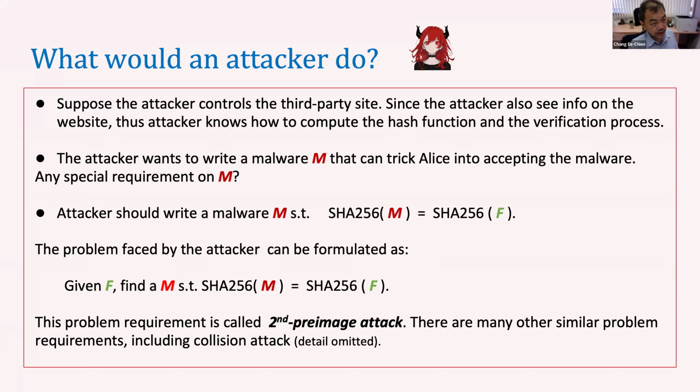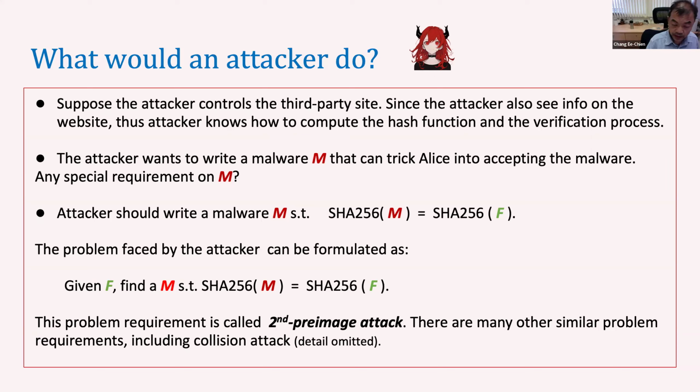Basically, from an attacker's point of view, I want to write a malware and trick Alice into accepting it. The hash of this malware should be exactly the same as the hash of the legitimate F. If the digest of this malware is the same as the digest of F, then Alice will accept it. Is this possible?